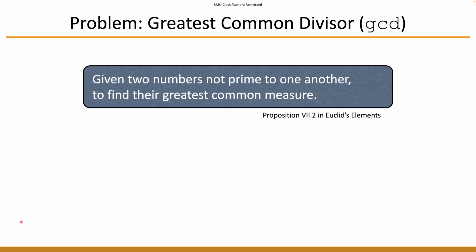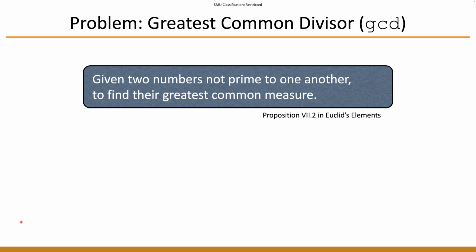Next, we have a very concrete example, which is the finding of the greatest common divisor. Just like what was proposed last week when we introduced the fundamentals of algorithm design, we went through this process where we can use the sieve algorithm to generate a list of prime numbers.